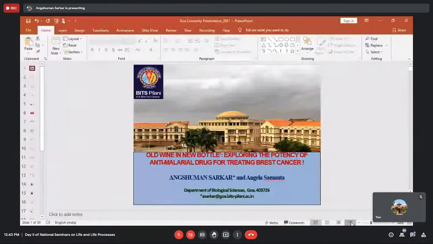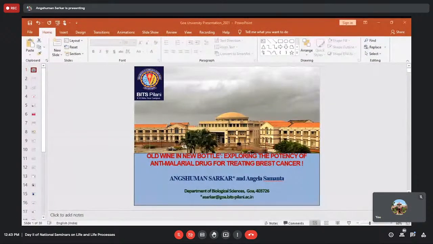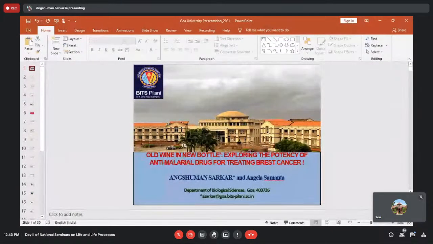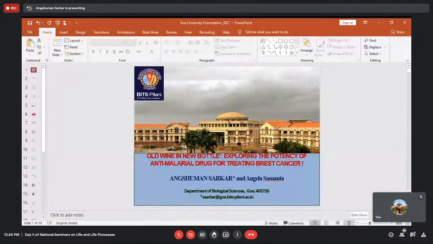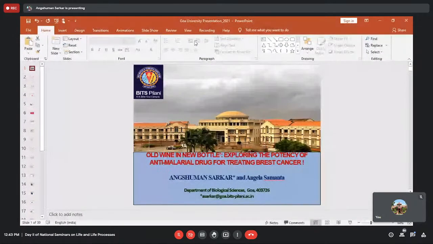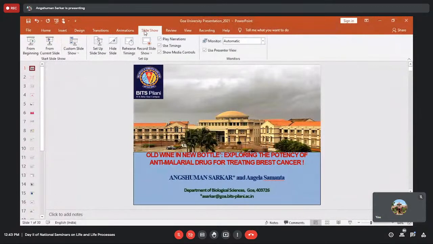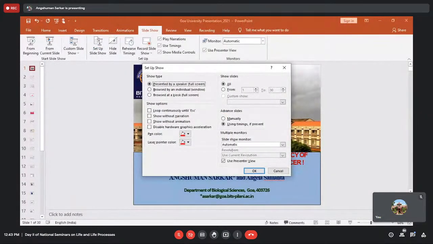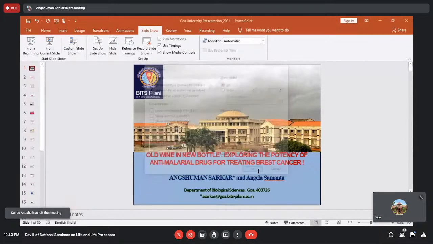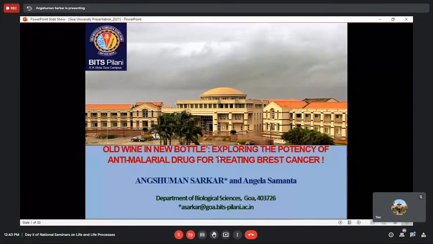Just go to the ribbon next to the animation. There is a slideshow, sir. No, just come down. It's down, right? Slideshow. Yeah, after animation. Your slideshow, up next to animation. Oh, okay. Yeah, just click and come to setup slideshow. Setup slideshow. Yeah, click on browse by individual window. Click on that and say okay. And now you can go ahead with the regular PowerPoint show. Yeah, that's it, sir. Yeah, thank you.